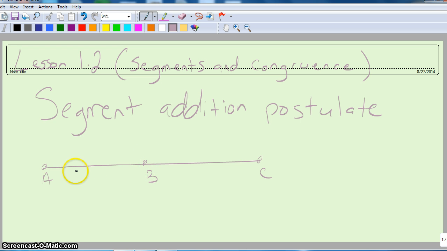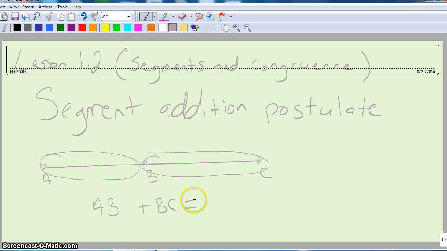It says that if you get AB, this piece right here, and you add it to this piece right here, BC, then you get the total distance from A all the way to C. It's common sense. That's pretty much what we're going to be going over today, and then we'll throw some algebra in there also.